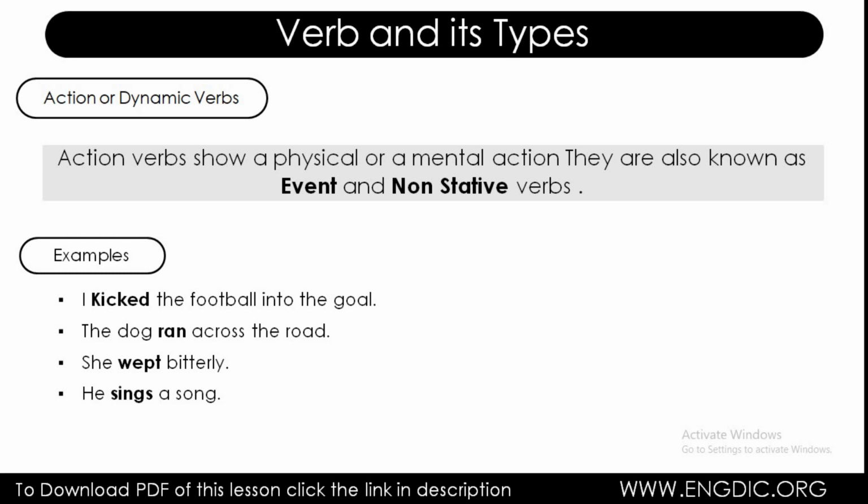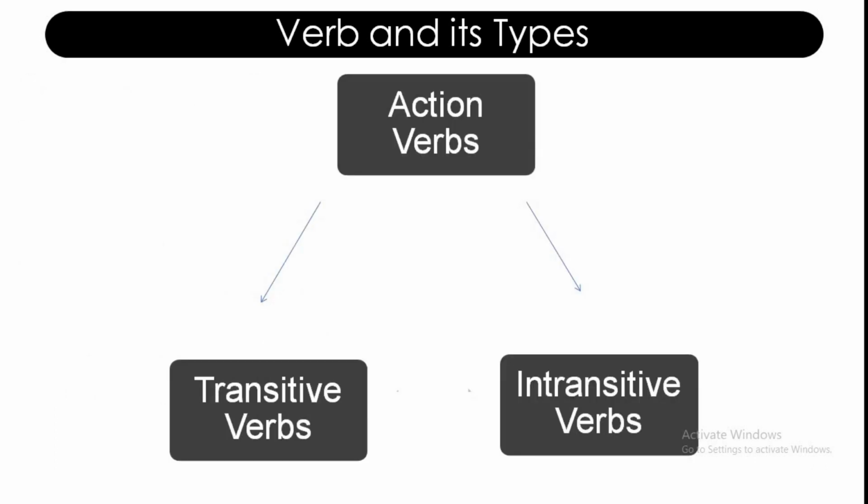The dog ran across the road. She wept bitterly. He sings a song. In all the examples mentioned here, the bold words are action verbs. Action verbs are further divided into two types: transitive verbs and intransitive verbs. Let's discuss them.